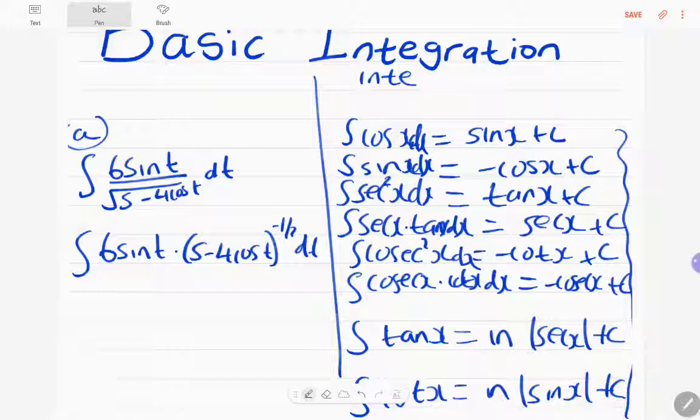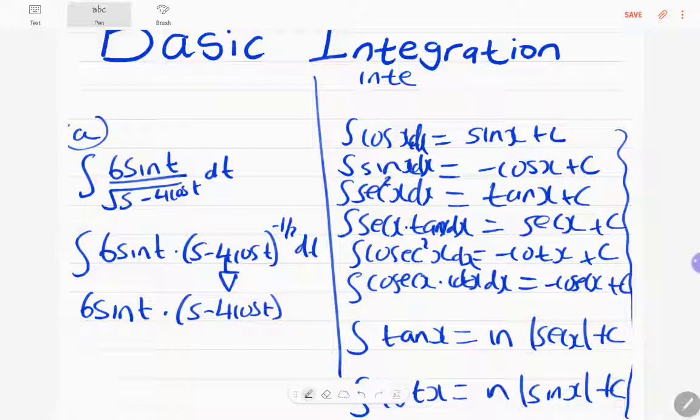This is more like a product rule, but in integration, there is no product rule. That means we are going to check the one that is inside the bracket, which is this one. We let it be our u. That means we leave this as it is, so just copy it. It will be 6 sine t multiplied by, we deal with this one, 5 minus 4 cos t.